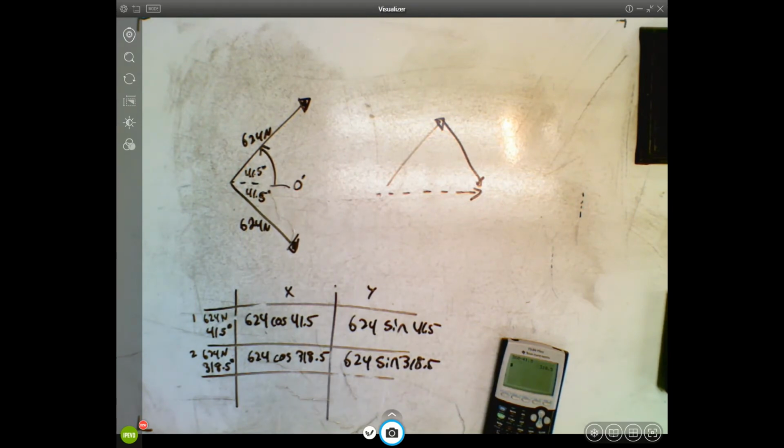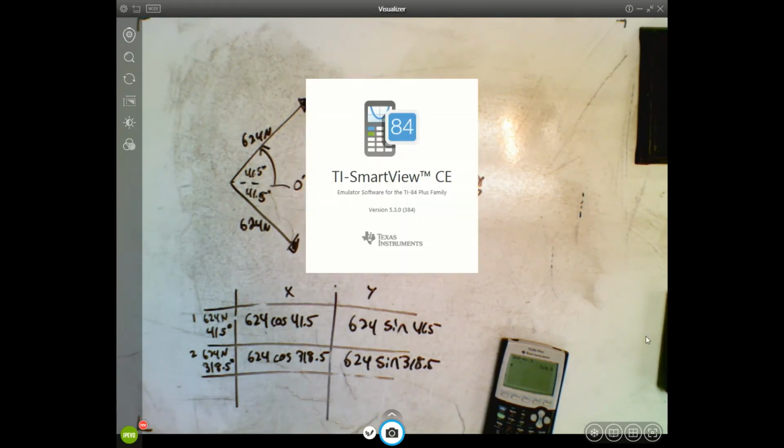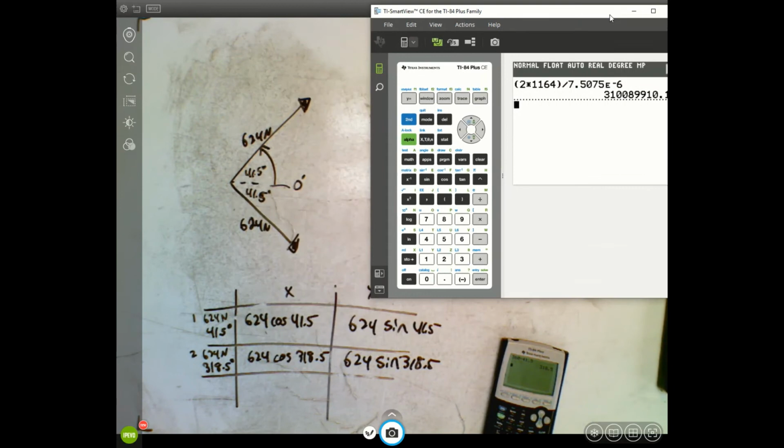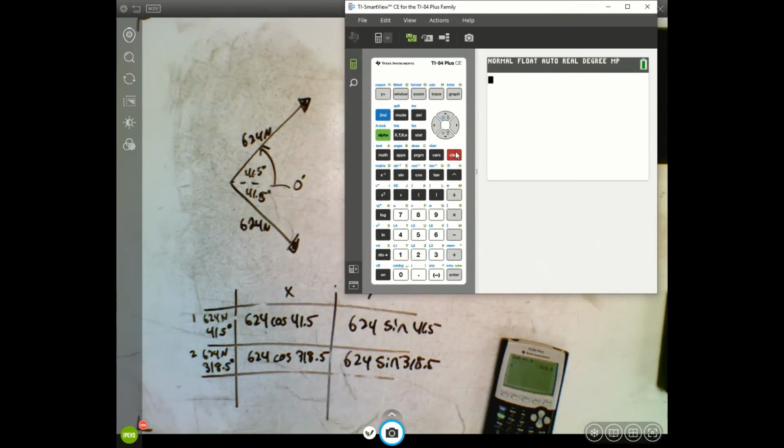And I'm just going to do my on-screen calculator for this one. Put it up there so I can see. So 624 cos of 41.5 plus 624 cos of 318.5.